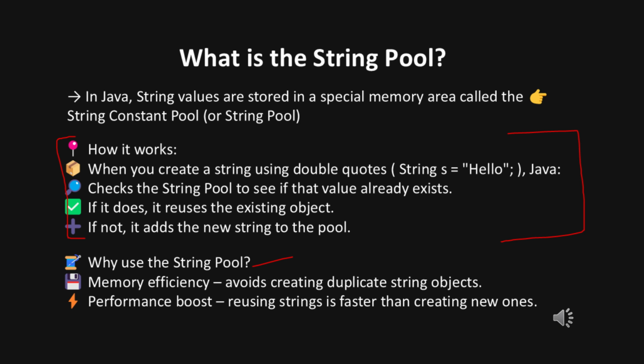And why use the string pool? Memory efficiency and performance boost. Memory efficiency avoids creating duplicate string objects, and reusing a string is faster than creating new ones. That is the reason the string pool is used.